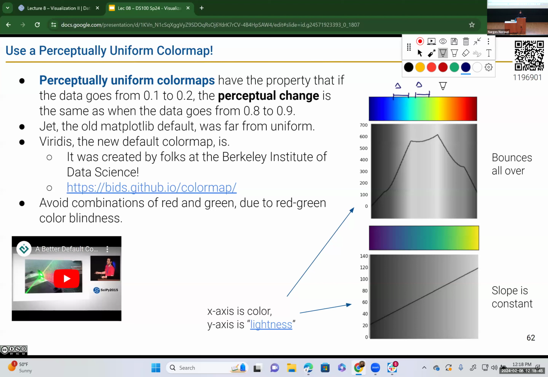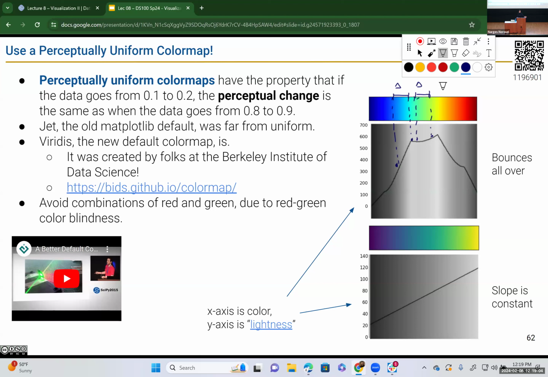You're seeing here that the lightness starts from this point and goes all the way to this point, so there is a huge value change between these two. But if I map these two points, you see that the difference is almost flat. So there is no difference between them.